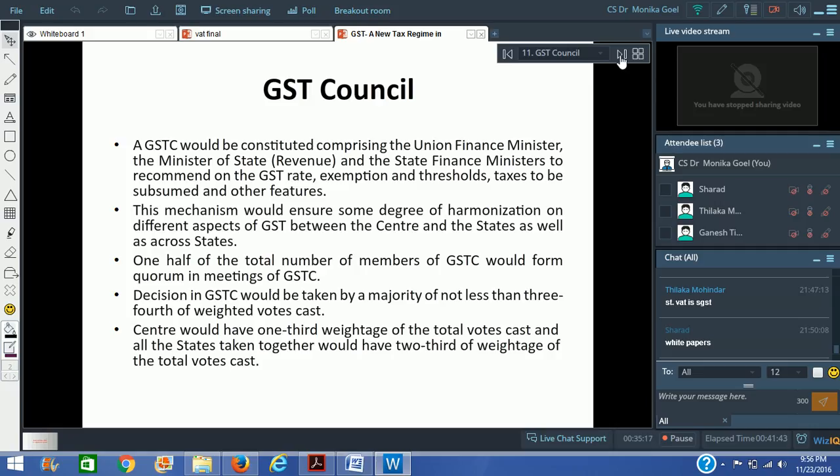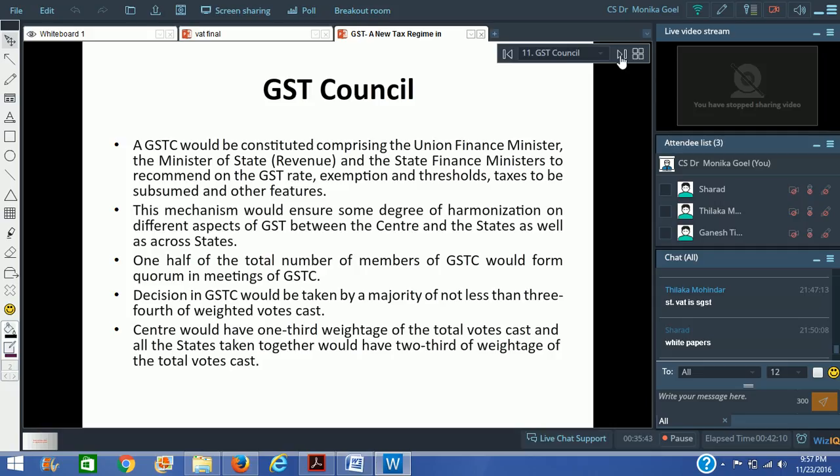Whenever this GST Council meets, 1/2 of the total number of members would form the quorum. The decisions would be taken by a majority of not less than 3/4 of the weighted votes cast. In the GST Council, the weight of the central government's votes is more, because the number of representatives from the central government is lesser compared to the state governments, but the weight of the central government's vote is more.